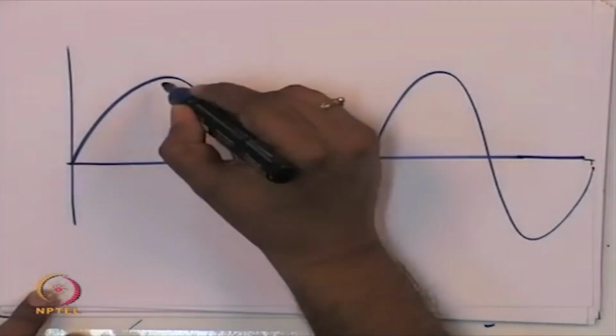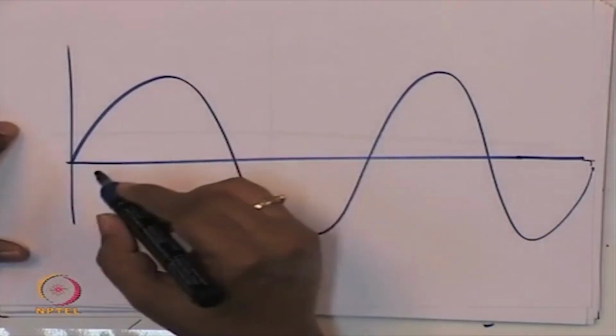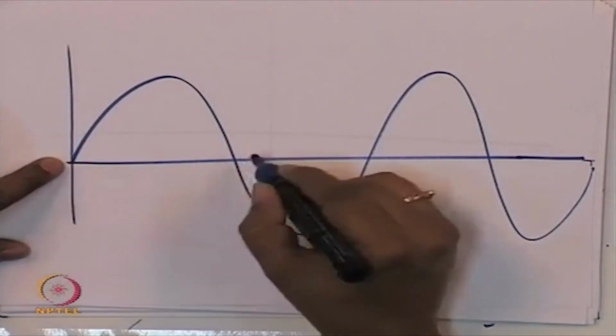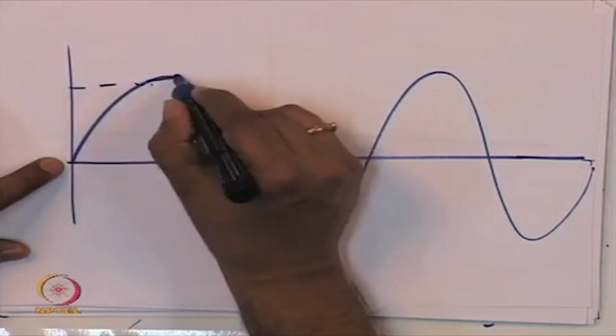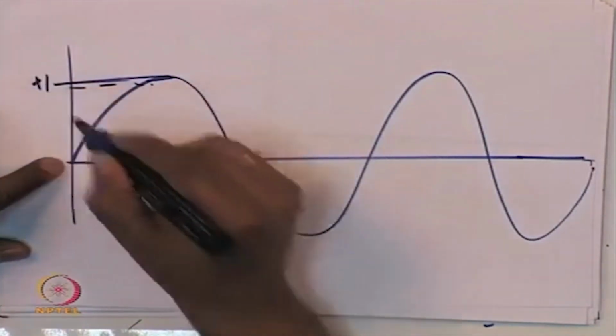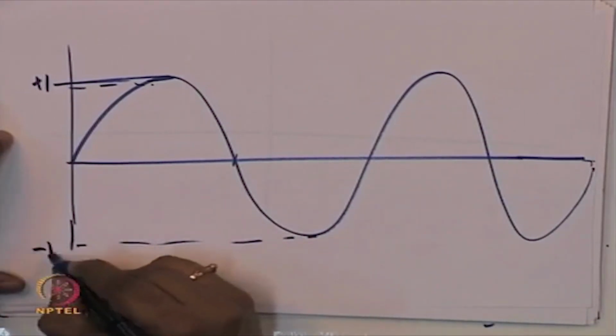When you say plot, you have to know that at 0 it's 0, the maximum value of sine is plus 1 and the minimum value is minus 1.